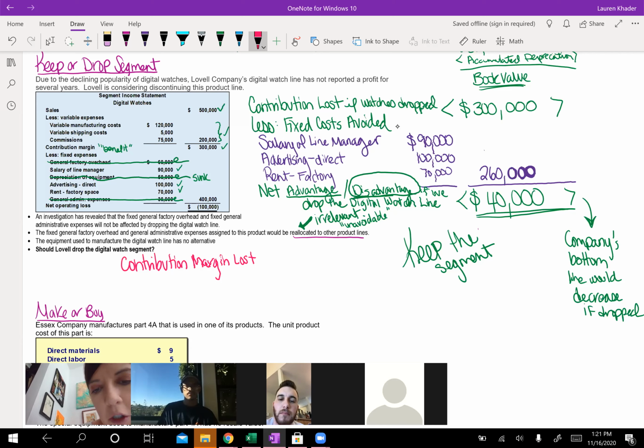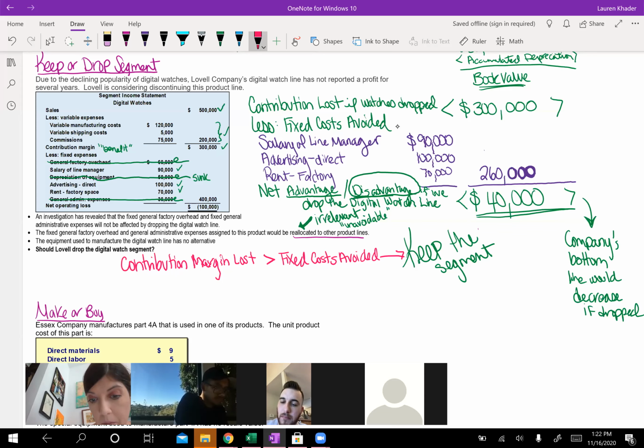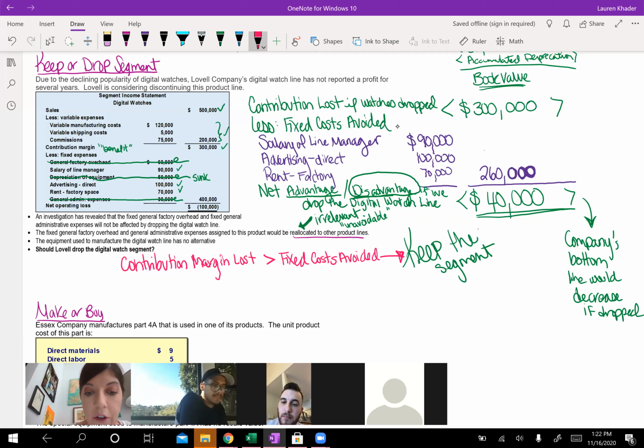If the contribution margin lost is greater than the fixed costs avoided, you're going to keep the segment, because the company's bottom line would actually decrease if you dropped the segment. This is a profitable product line.